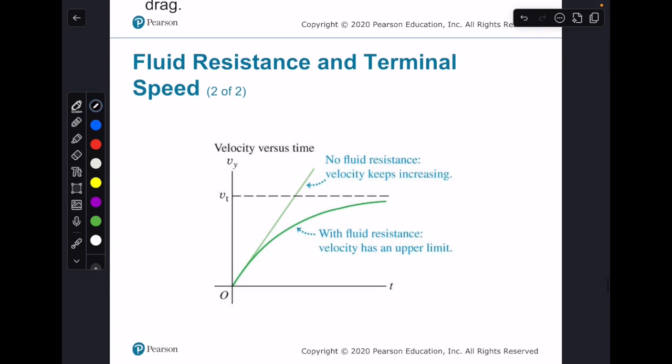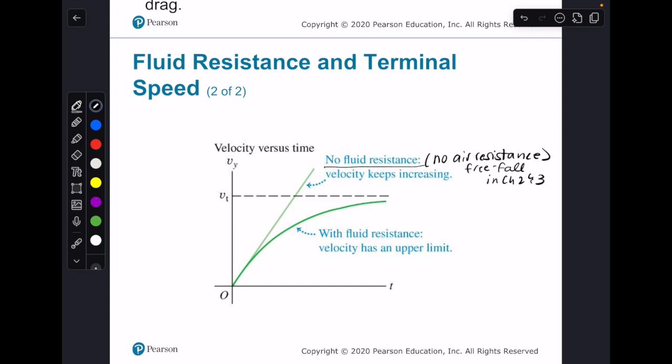Here's basically what I explained earlier, right? When there's no fluid resistance, meaning no air resistance, for example, projectile free fall in chapters 2 and 3, the velocity keeps increasing, right? Because the acceleration that's acting on you is negative g.